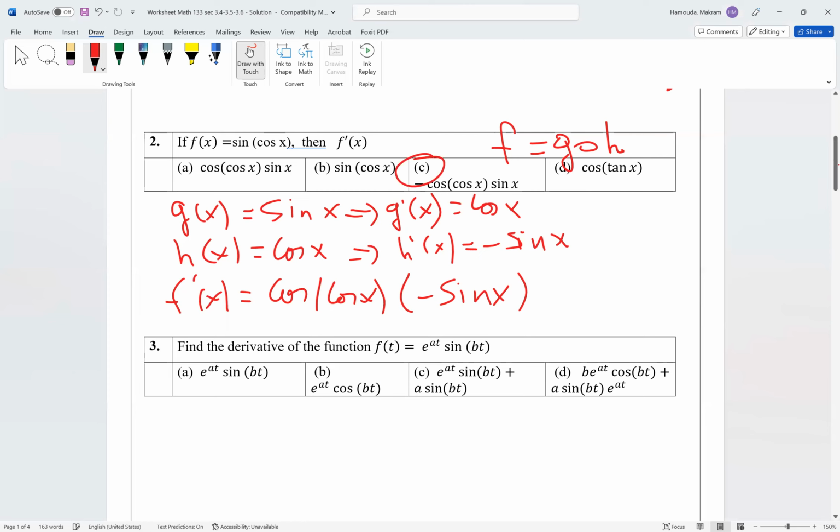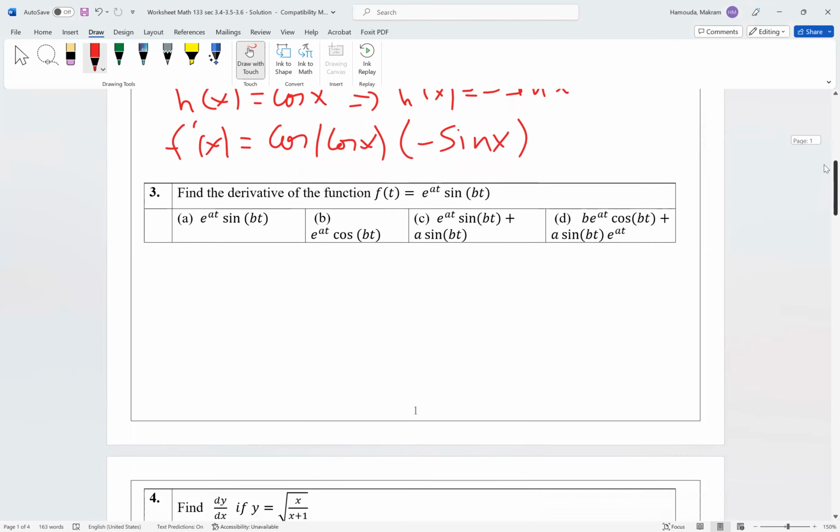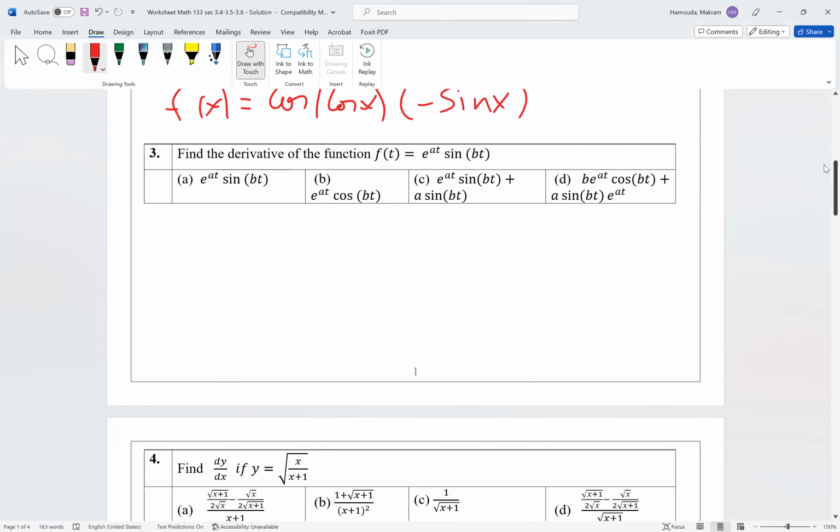Then number 3. We want to find the derivative of this function. So it's a product of two functions, and inside the product there is a chain rule.